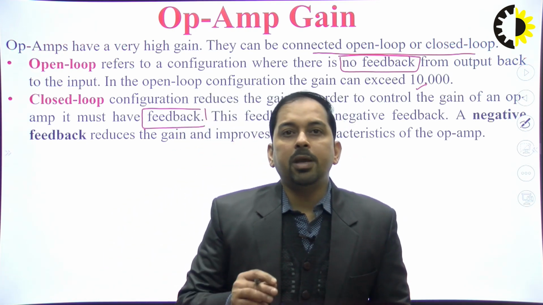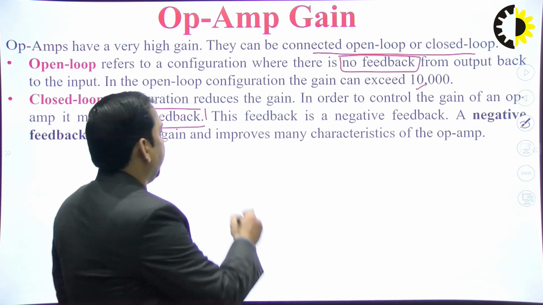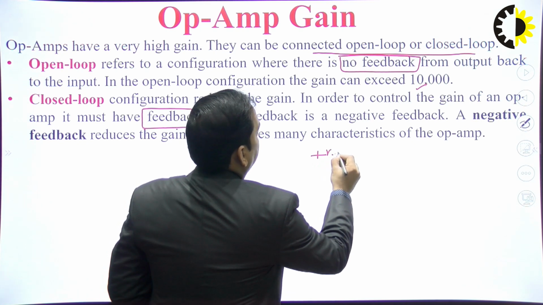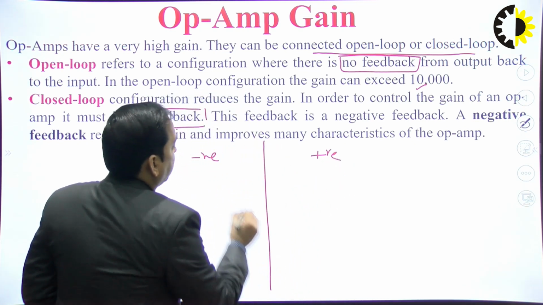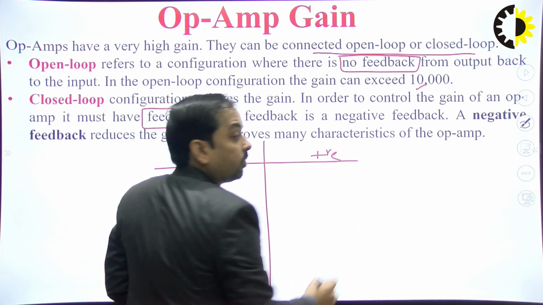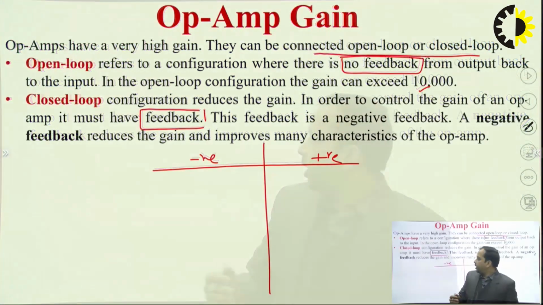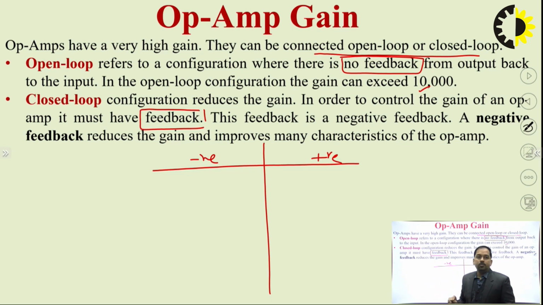Now feedback can be positive feedback or negative feedback. As I have discussed, if we take some part of the output and feed it to the inverting input of the op-amp, the feedback is known as negative feedback. If we feed the same feedback to the positive terminal of the op-amp, it is known as positive feedback.